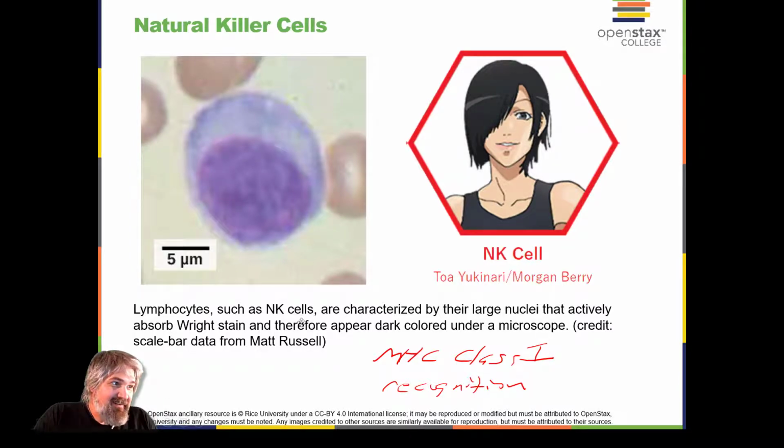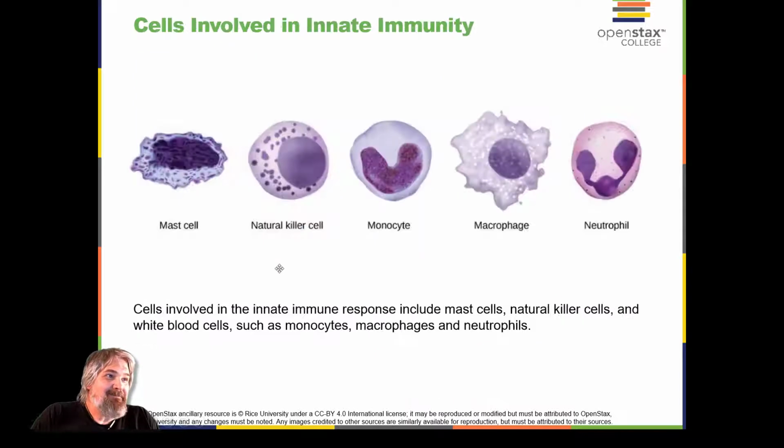There's a lot of interesting molecular defenses out there. So if, however, the cell's recognized as being aberrant in some way, then the natural killer cell will kill them by inducing cell death. So that's the NK cell, part of innate immunity, right?